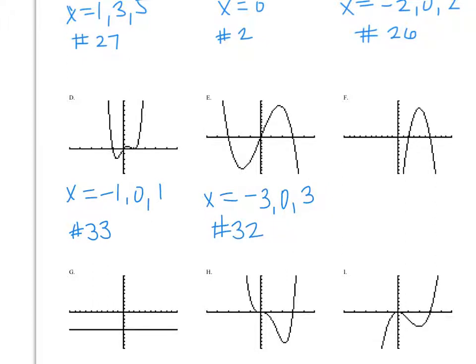Okay, F. This is x-intercepts of 2 and 6. And we got a parabola there, so that's going to be that quadratic, which is number 28.